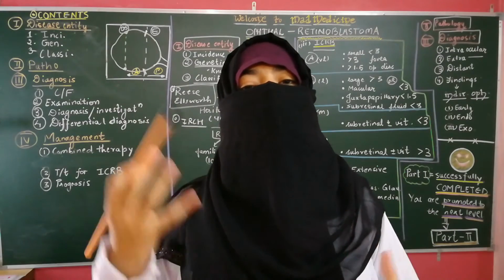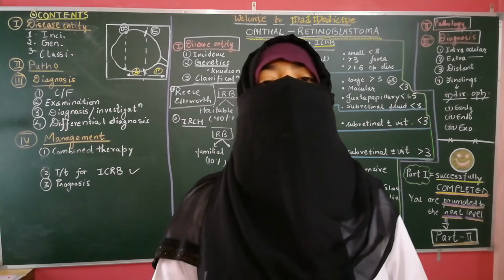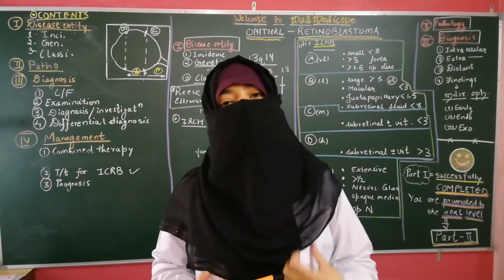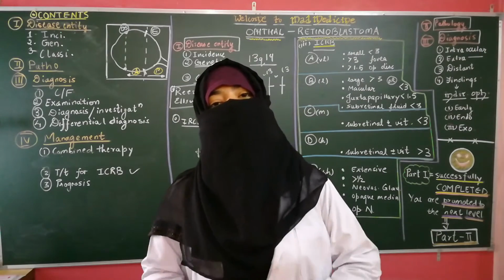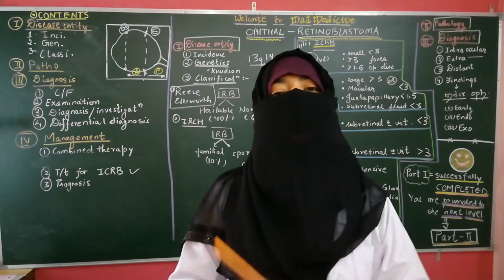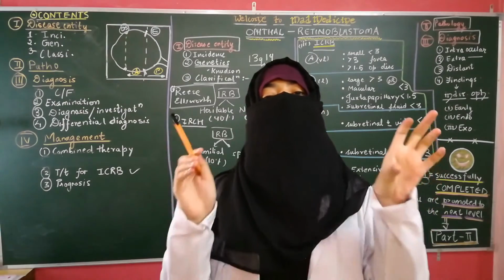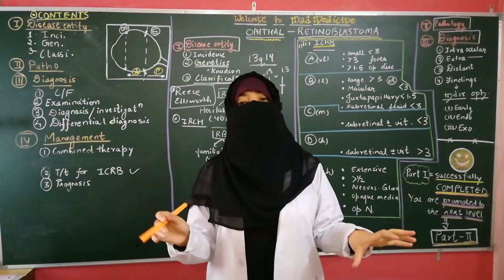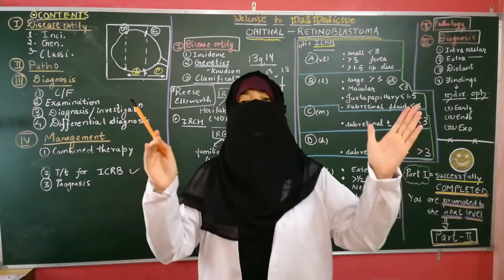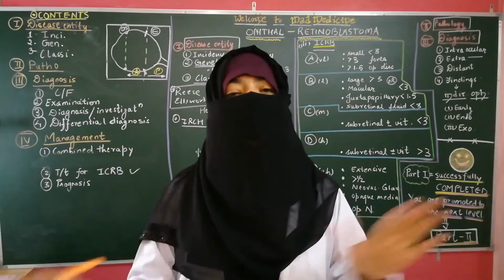It is an autosomal dominant disease, and when you study the two-hit hypothesis, we need to know that if both the hits occur before organogenesis, that is in the early fetal life, then it manifests in the form of a heritable type of retinoblastoma.